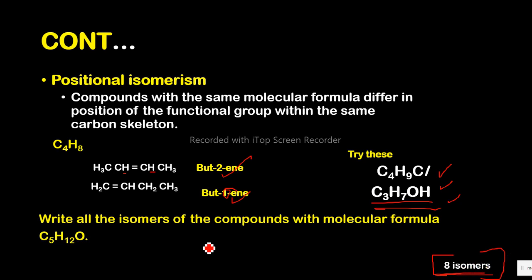So you try this and name which ones are structure, which ones are position, and which ones are function. But for now, you are doing these two. Do for this and for this. I want to see your answers.